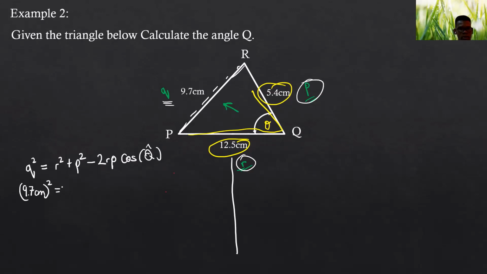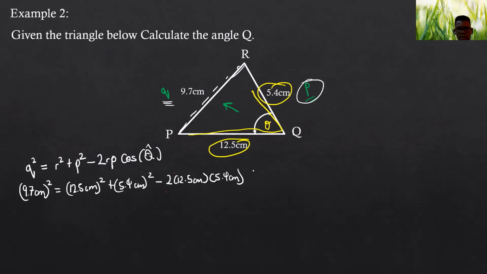So 9.7 centimeters squared is equal to R squared, where R is 12.5 centimeters, squared, plus P squared, where P is the other side of our V, 5.4 centimeters, squared, minus 2 multiplied by those two sides, 12.5 centimeters multiplied by 5.4 centimeters, and cos of the angle. We don't know the angle, so we just leave it as an unknown, angle Q.